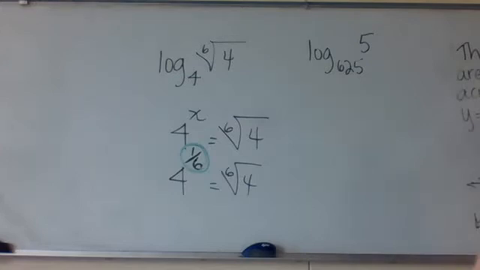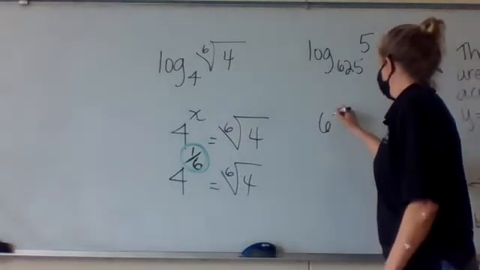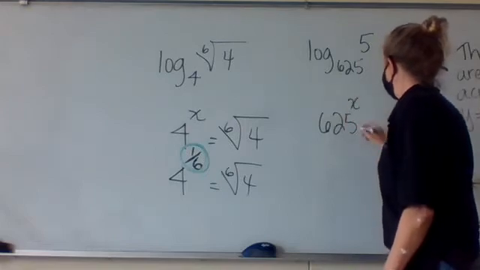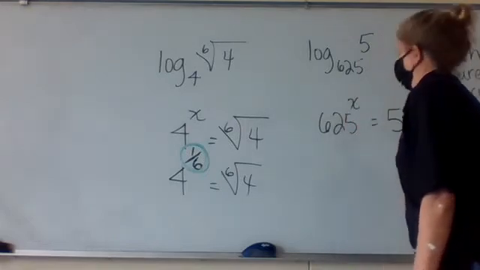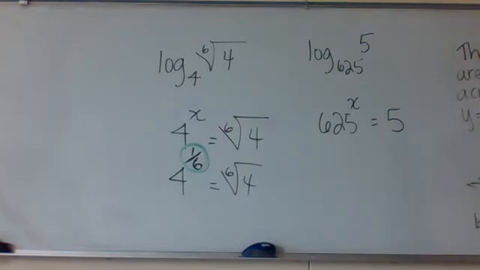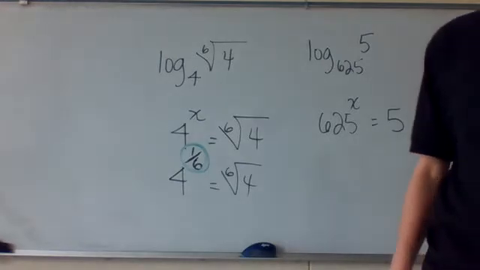So let's see, what does this say? What do I need to raise 625 to, to turn it into 5? So if I'm going to turn 625 into 5, I'm going to have to take some root of 625 to turn it into a 5, right?